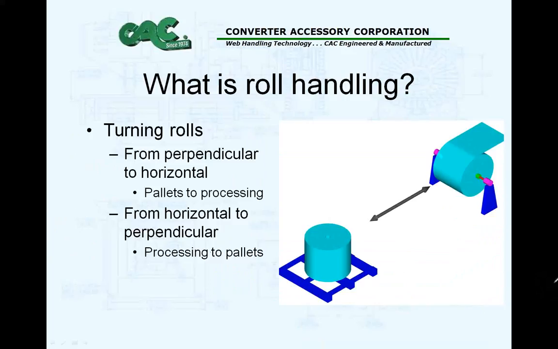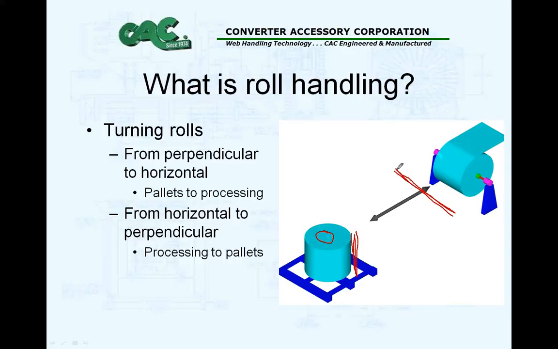Another aspect of roll handling is many times turning rolls of material. Most of the time, rolls are stored and shipped perpendicular to the floor, or some people say eye to the sky, where the core is facing straight up and down relative to the floor. And as we all know, most converting machines or processes process material parallel to the floor. The reason rolls are stored perpendicular to the floor is so that you don't damage the roll or cause a flat spot across the roll.